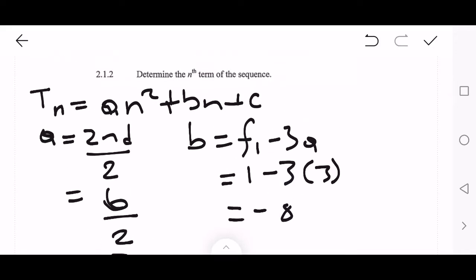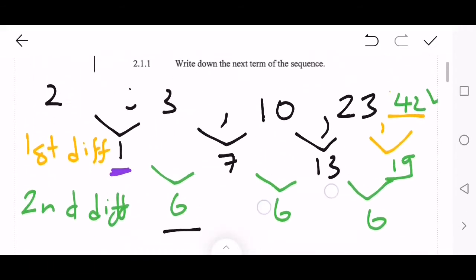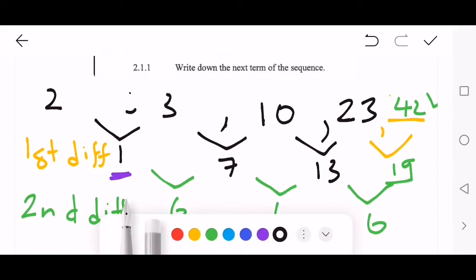Now for c, c equals t1, which is the first term of the sequence itself, minus a minus, sorry, I've just run out of space here, but it's minus b. So the first term of the sequence is 2.